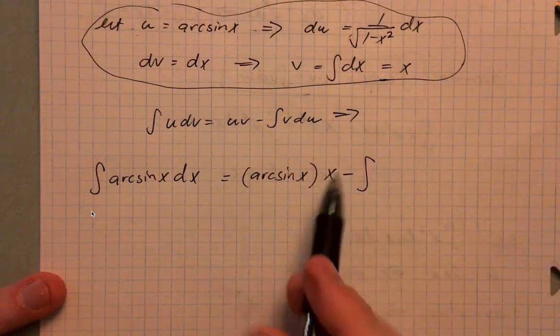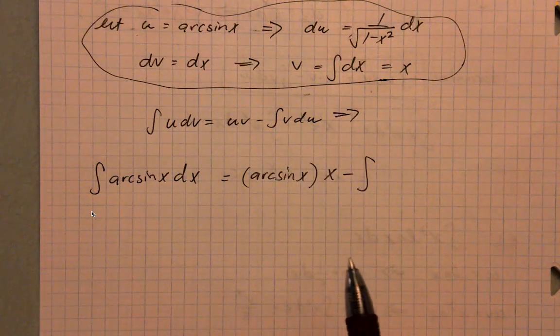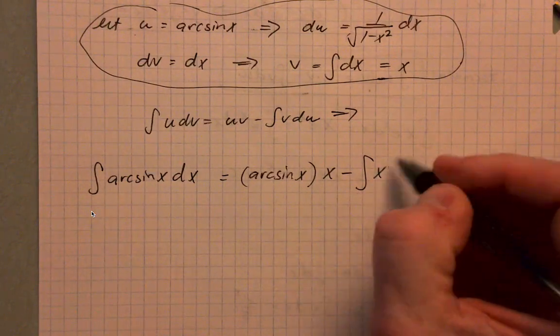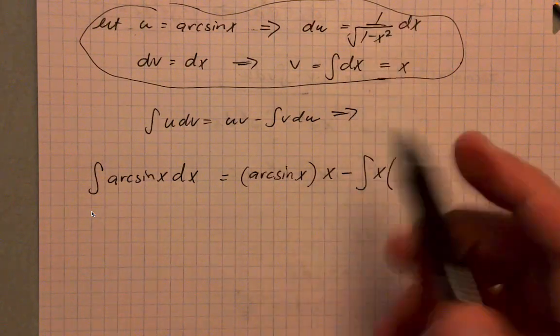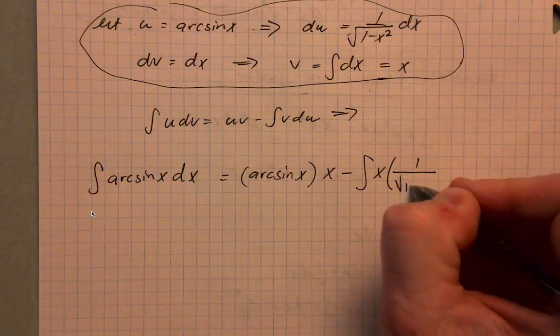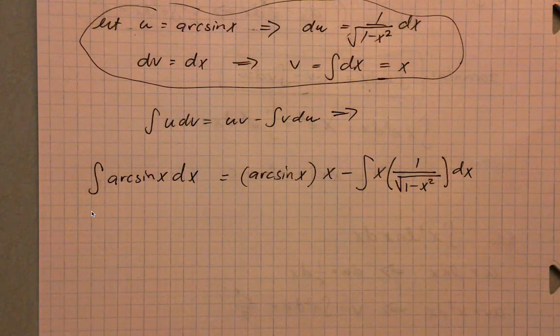So it's that minus the integral of v du. So v is, again, the x, and du is this thing, 1 over the square root of 1 minus x squared dx. Okay, so we've got it all together here. Very good.